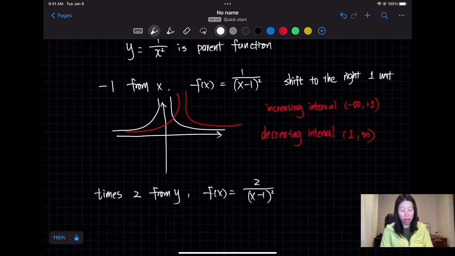Okay, when you multiply a number to y, you know that it's going to be stretched or compressed vertically. So since 2 is greater than 1, it's not a fraction, that means this is going to be stretched vertically.